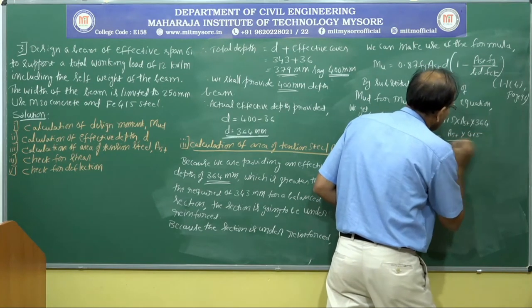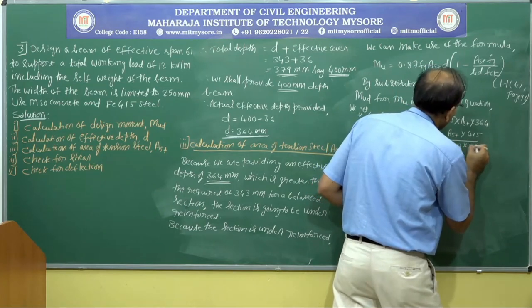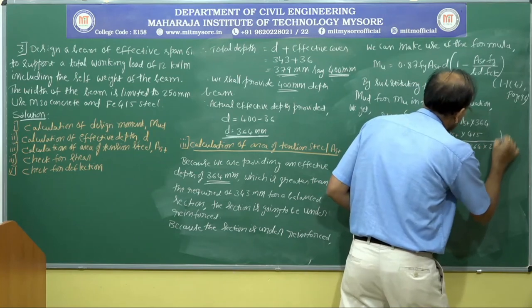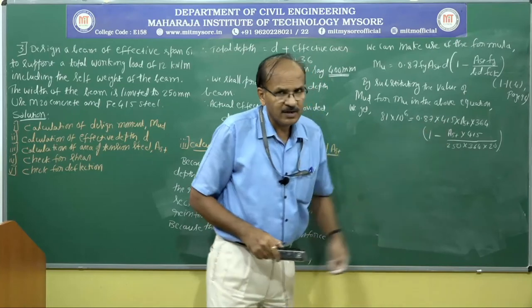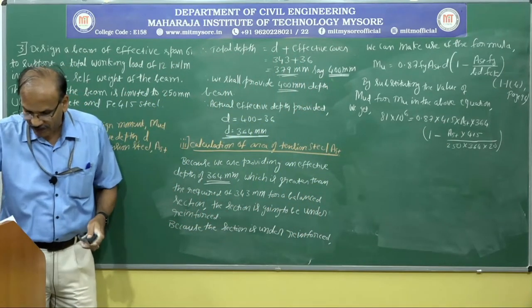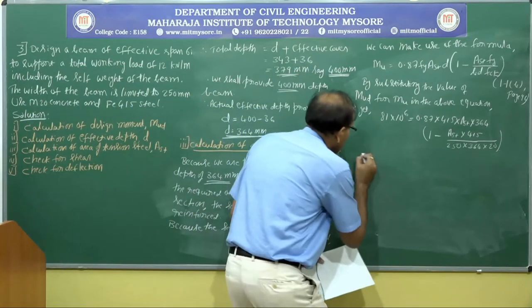Fy is 415, b is 250, multiplied by d, which is again 364, and fck is 20. Okay. So what is the unknown here? Ast is the unknown.